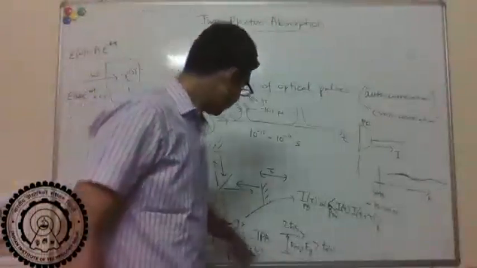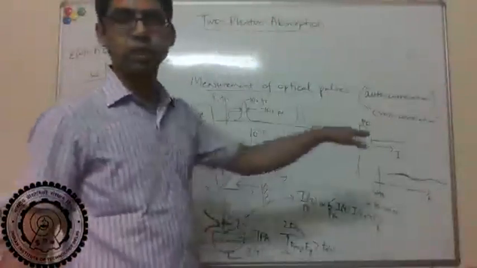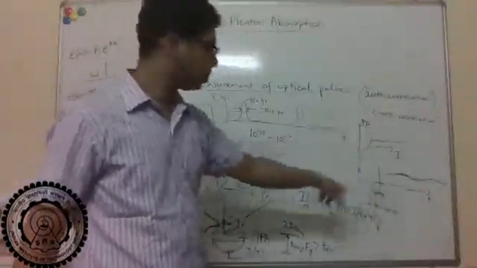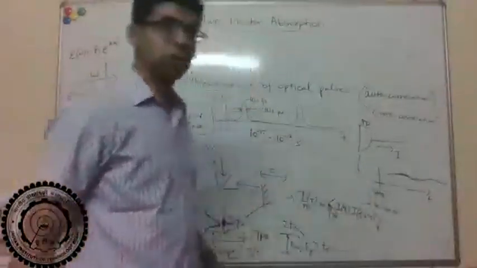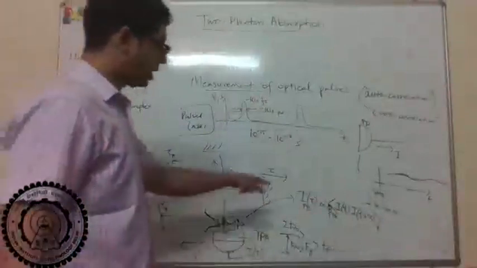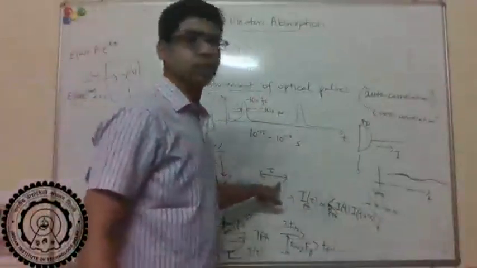So at each delay point, I'm sort of getting just a CW signal. I'm just getting some average current value. But the point is that value will change when I change this delay.